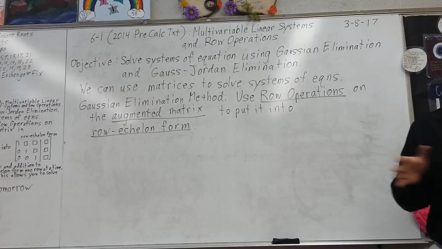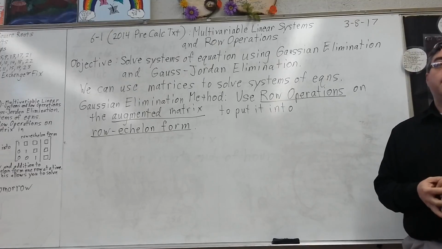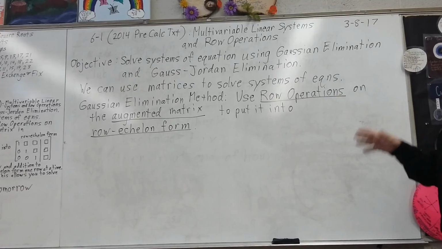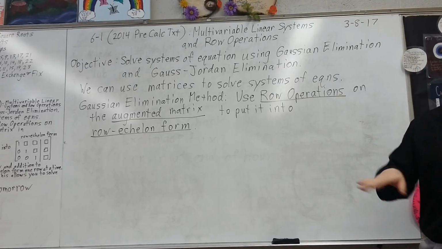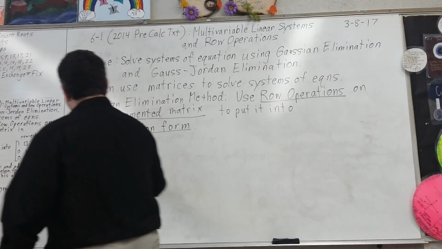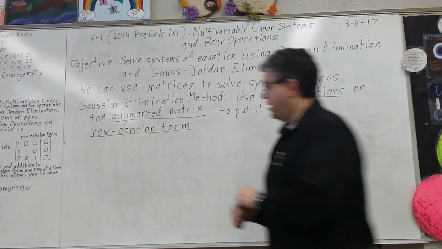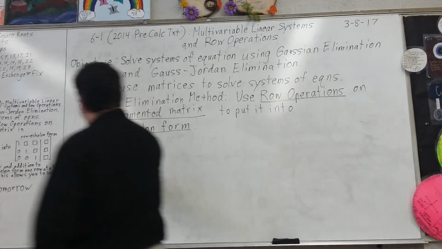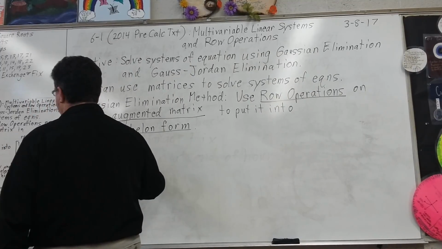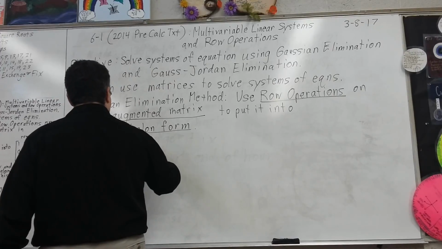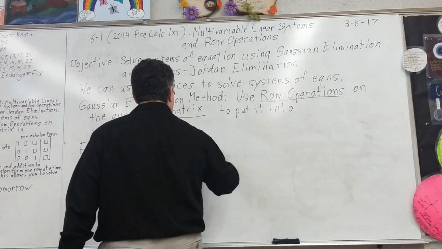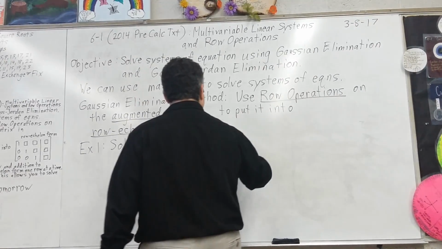So we're going to do just one example today, and it's going to take us most of the time, because we got to talk about what all these things mean and how we get there. So, let me put it down for right now, and we'll talk about the strategies, and then we'll do it afterwards. We're going to solve by Gaussian elimination.